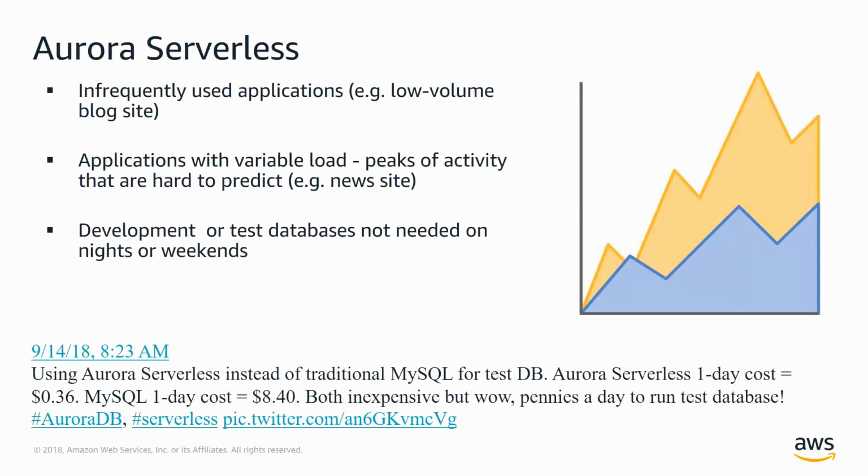And it allows us to automatically scale your compute up or down based on actual demand on the database. And another thing that's really great about it and very powerful for development workloads is it allows you to scale down to 0.